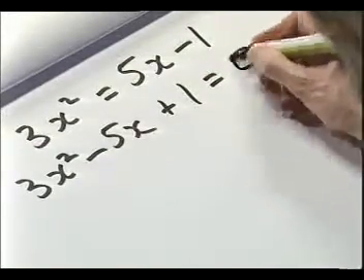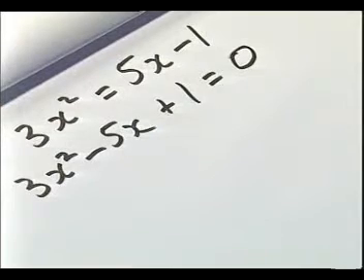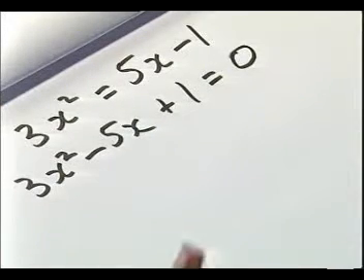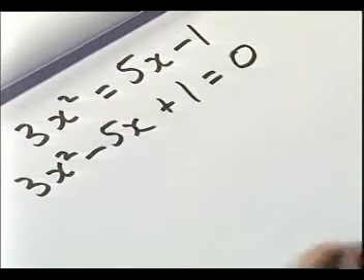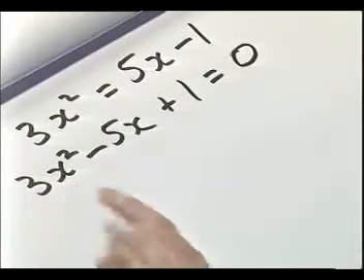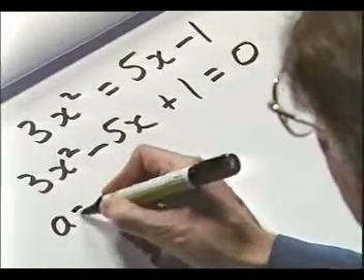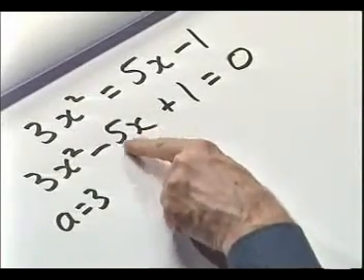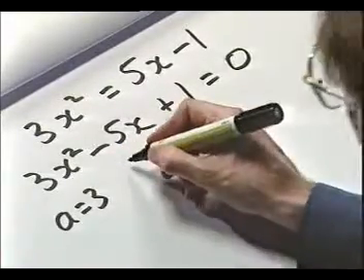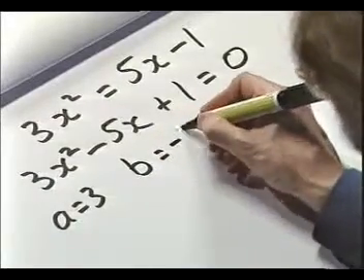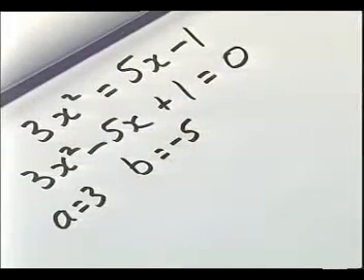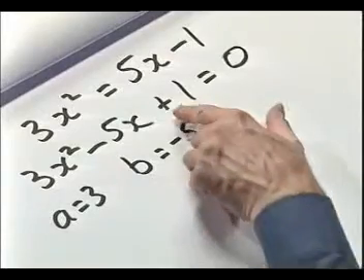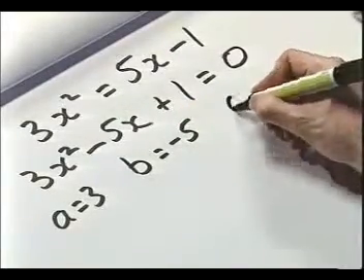That ensures that we have that. Now let's identify a, b and c. a is the coefficient of x squared, which in this case is 3. b is the coefficient of x, which in this case is minus 5. And c is the constant term, which in this case is 1.